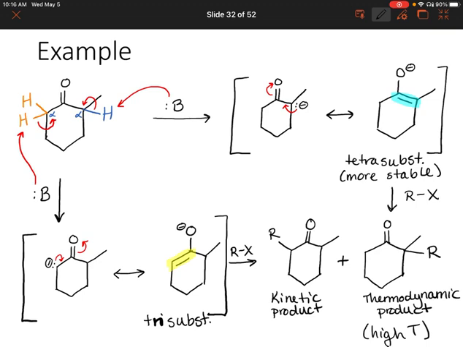Would that be favored at higher temperatures or lower temperatures? Lower temperatures, because the activation barrier for a kinetic product is lower, but the resulting product is usually higher in energy and a little less stable. Now, remember, sometimes the kinetic and thermodynamic products can be the same, but in this example, they're different.